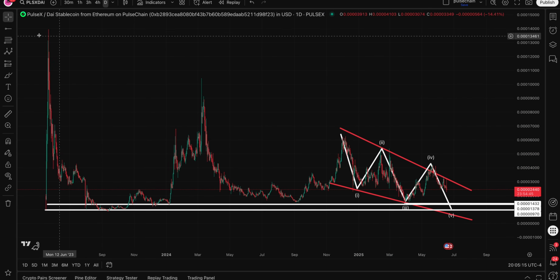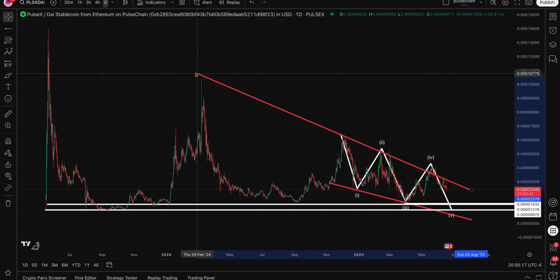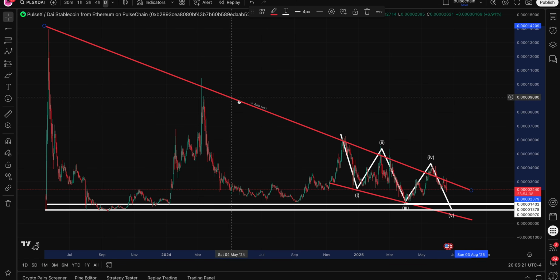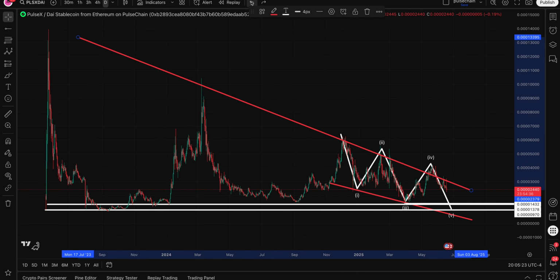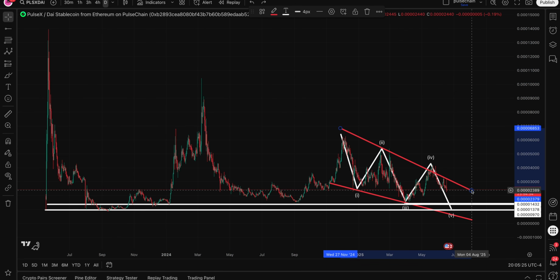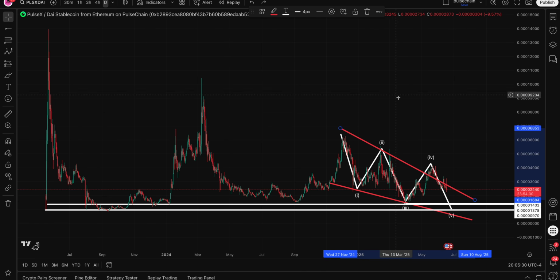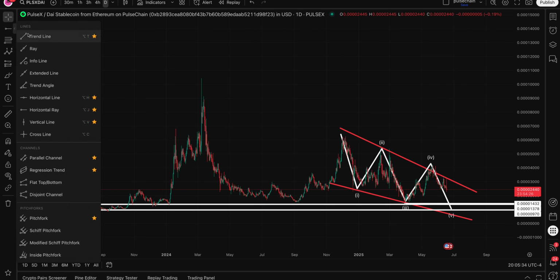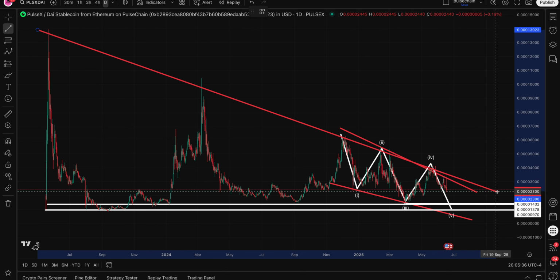And you can see we can just connect the lines like this, and you see how it just connects perfectly? Right? So this is a falling wedge, a bullish falling wedge in a triangle pattern like this.